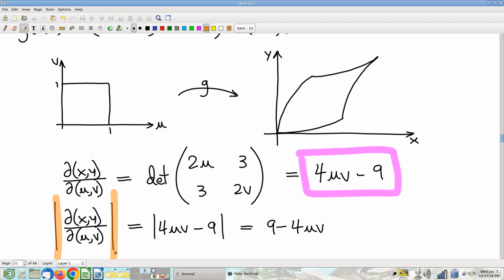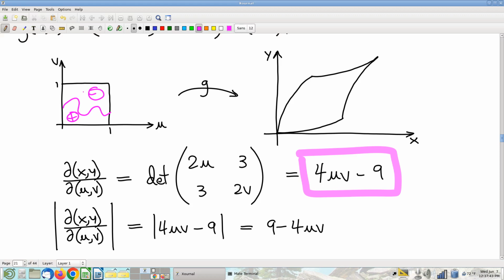How do I decide? It can be an ugly matter. It could be that for some values of u and v it's positive, and for other values of u and v it's negative. That's possible.